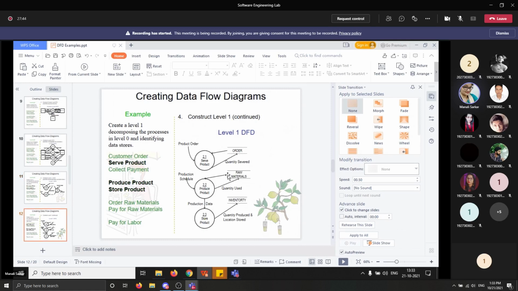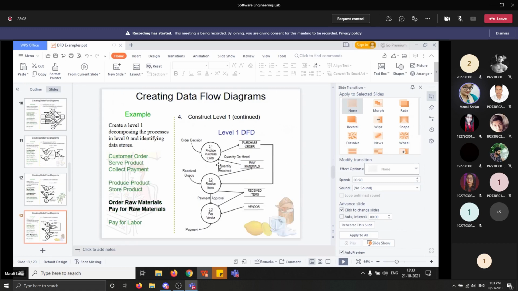So it is serving the product and showing the quantity served. Then produced product. From raw materials, it is providing the produced product, and then it is showing the quantity used, and then production data, store product, and it is moving back to the inventory. So this is the level 1 continuation.